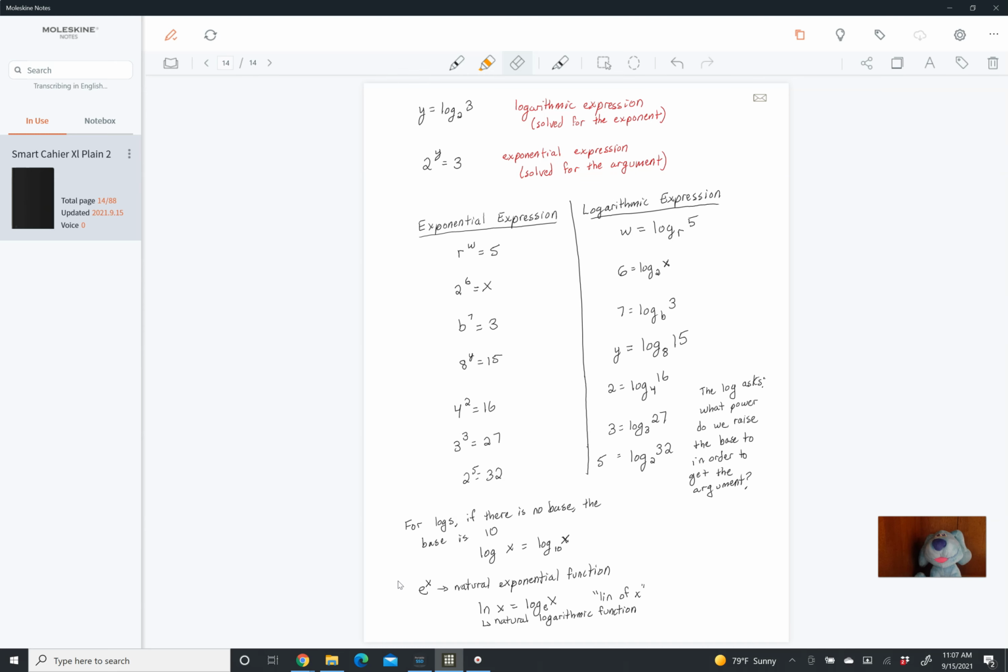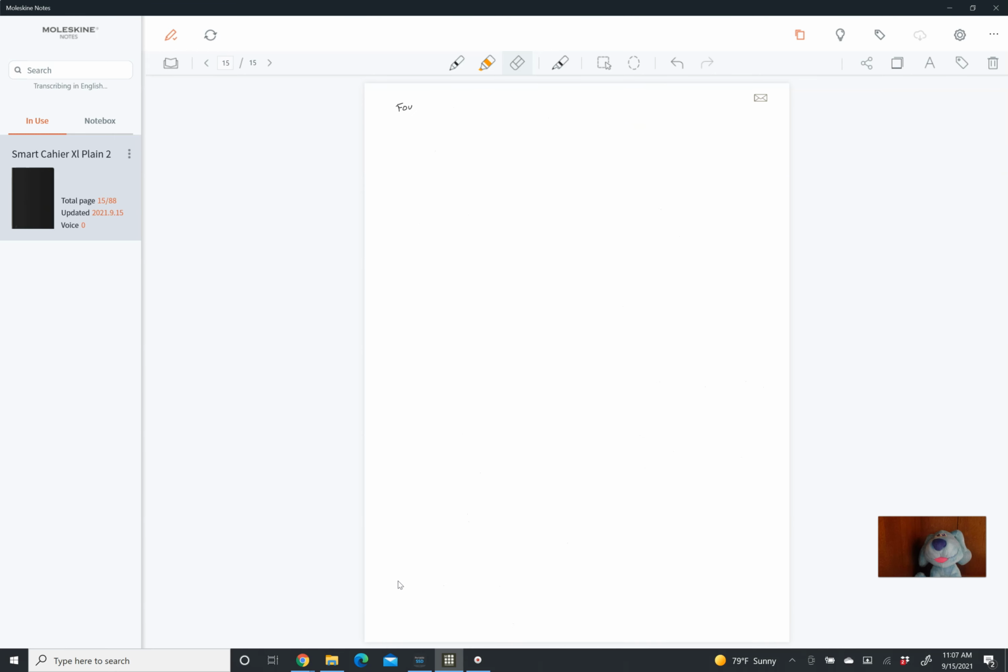Okay, so this is what the logarithmic function is, but now we have properties of these logarithmic functions. Exponents had lots and lots of properties. Logarithms only have 4. We're going to state what they are. We'll prove a couple of them, not all of them.